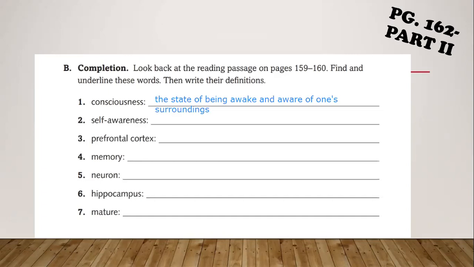It's the ability to think about yourself and how you are feeling. It's the ability to think about yourself and how you're feeling. That is number 2, self-awareness. It's when we think about ourselves.